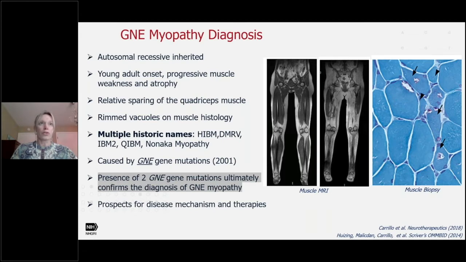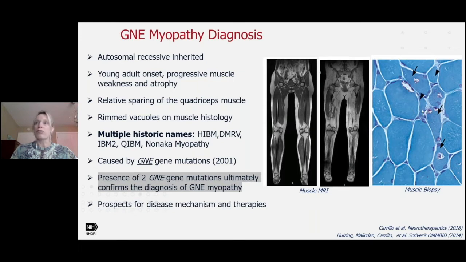Specific for GNE myopathy are the so-called rimmed vacuoles that you see here on the muscle biopsy of a patient, and some smaller atrophied fibers. However, this is also not specific for GNE myopathy. There are other muscle disorders that have similar muscle histology indicators for diagnosis.